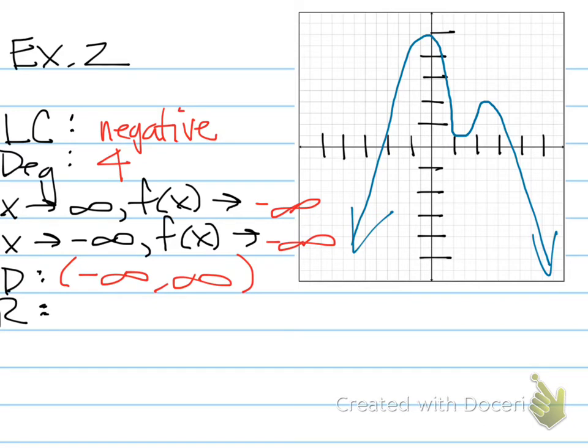And for the range, the highest that this graph goes is positive 5, so it should be all the values equal to 5 or less. 1, 2, 3, 4, 5. And we are including the positive 5.